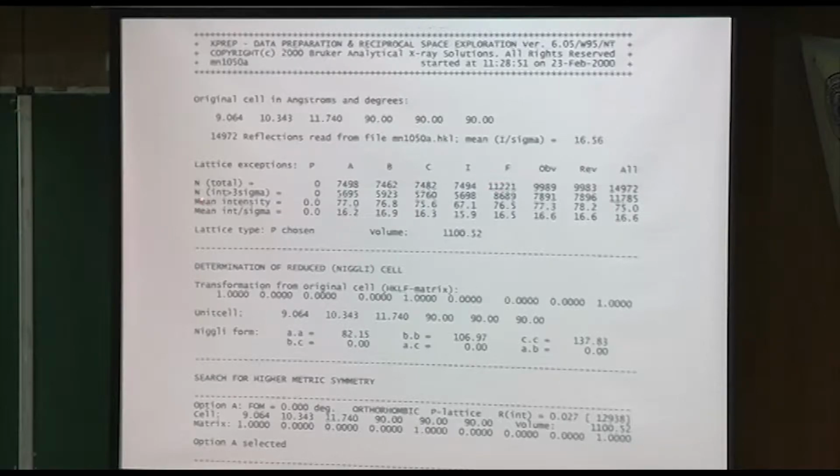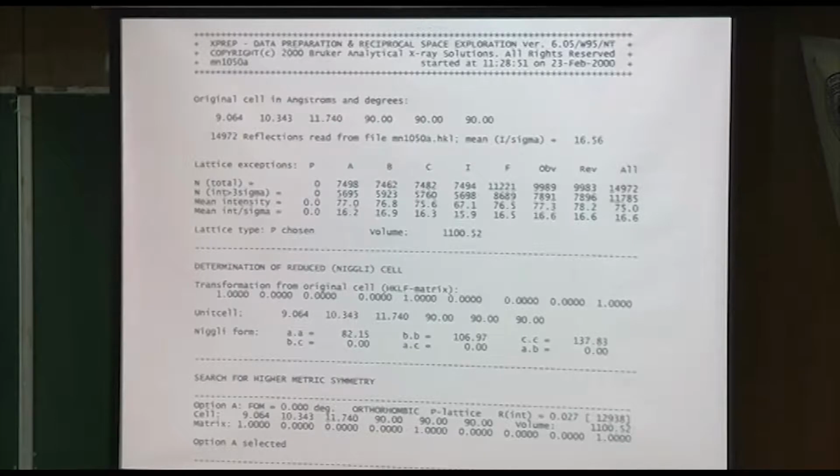But you see what it gives here, the total number of reflections which would fit an A lattice, a B lattice, a C lattice, and so on. No, these are the exceptions, okay. So this is what you would throw out if you insist that it's an A lattice. It's the opposite of intuition. You don't throw out anything if it's a P lattice because there's no restrictions at all. But if it's a C lattice, you have to throw out all the reflections for H plus K odd.